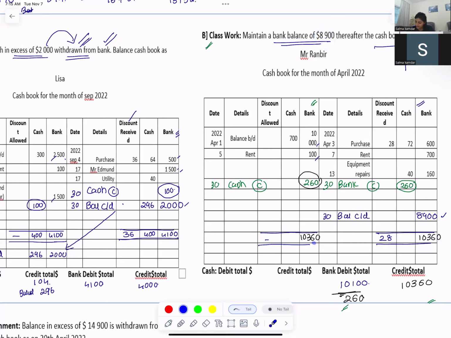Now closing of the cash account always has a debit balance. The debit total is 700 and the credit total is 372. So 700 I will write on both the sides.